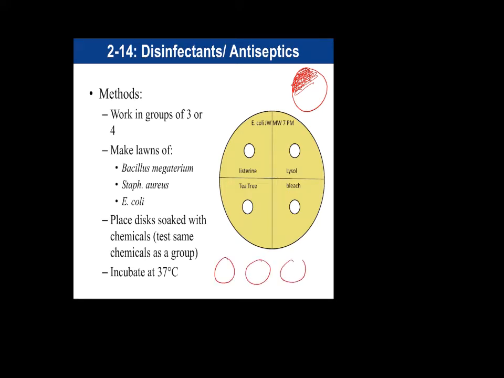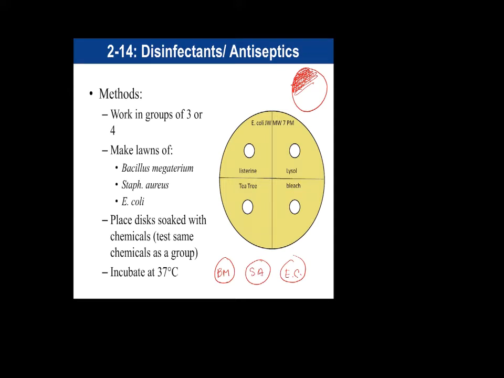Each plate, you're going to have 3 plates, 1, 2, and 3, is going to have B. meg on it, Staph aureus, or E. coli. And so you're looking for how those particular species performed against the different types of disinfectants or antiseptics.